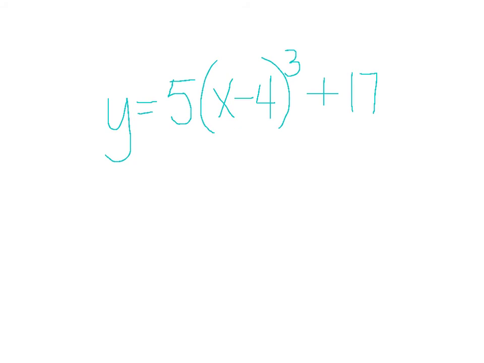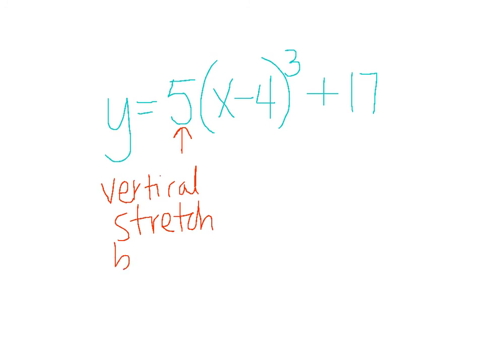If I move over and consider the a value here is 5. That number is bigger than 1, so I'm going to say that's a vertical stretch by a factor of 5.